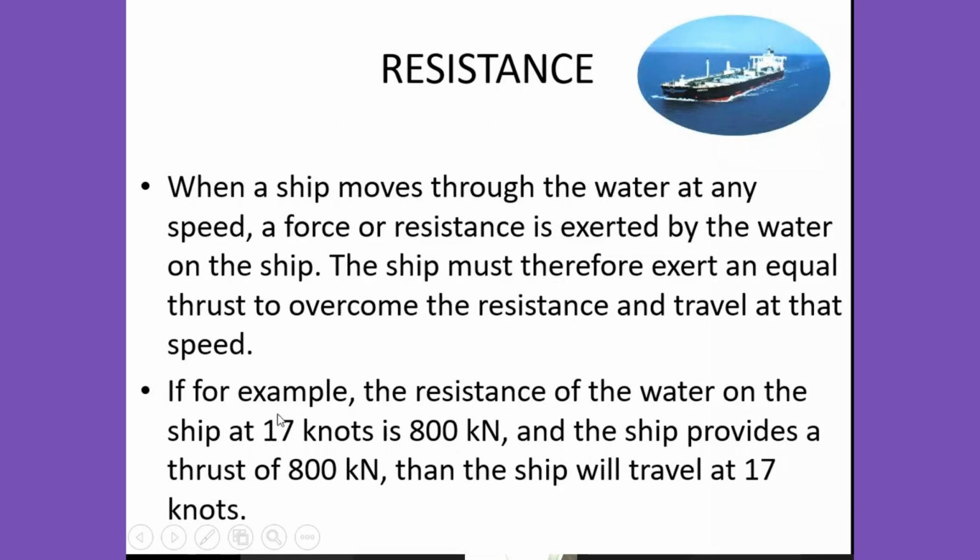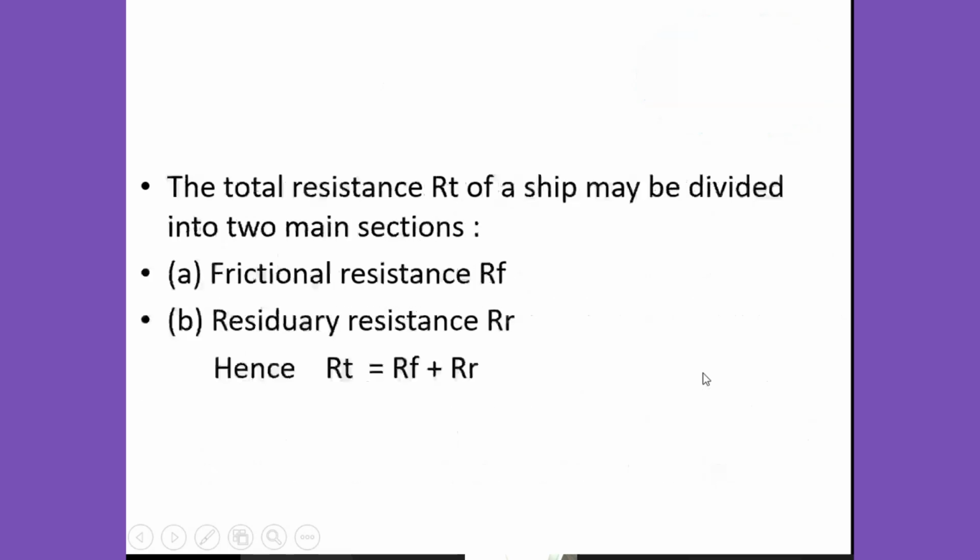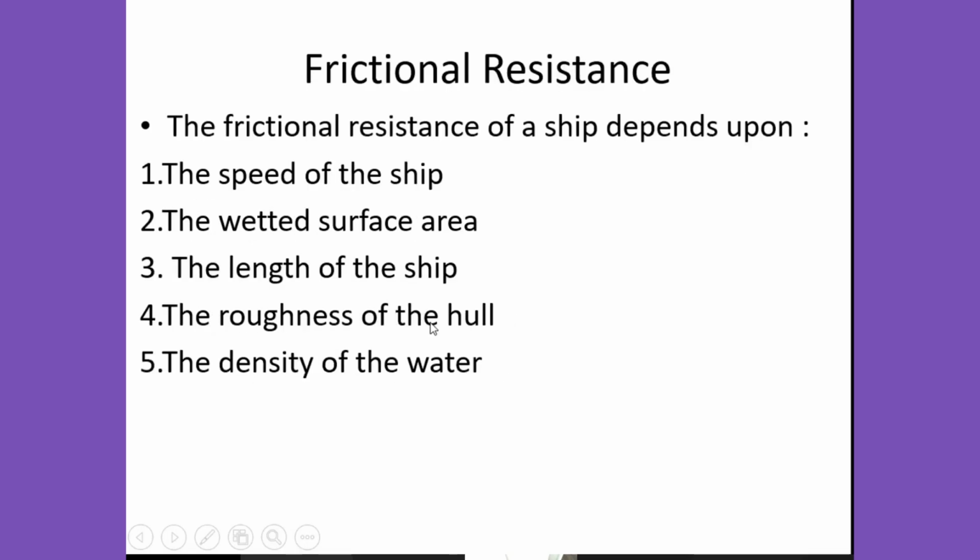Now this is the same example which I have said, that if the vessel is moving at 70 knots and 800 kilonewton is the resistance, then if the propeller provides 800, the vessel will move at 70 knots. Same thing which I explained to you. The total resistance of the ship is frictional resistance plus residuary resistance.